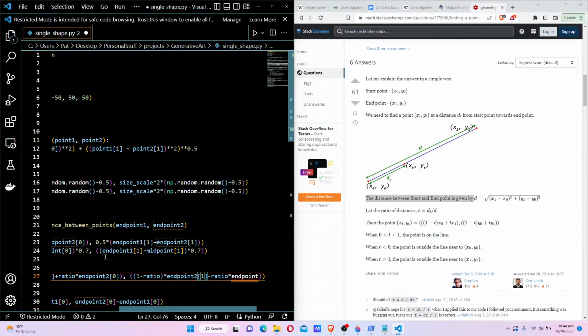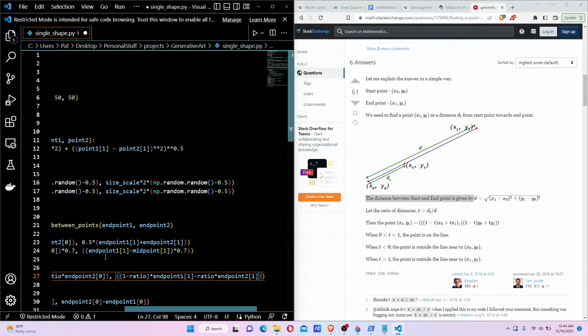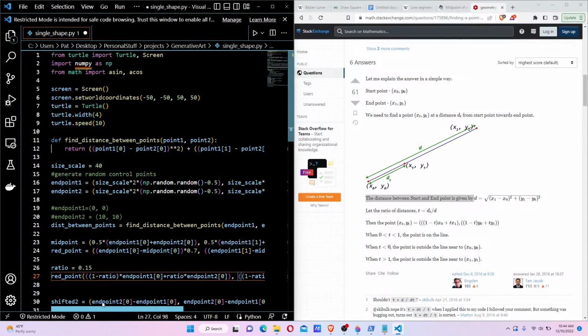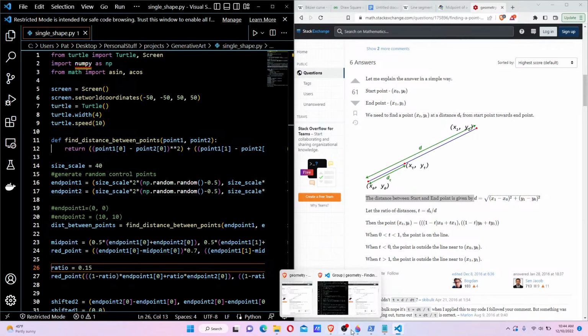This would be endpoint 1 of 1. This would be endpoint 2 of 1. Okay, that looks good. Let's see where the red point is.